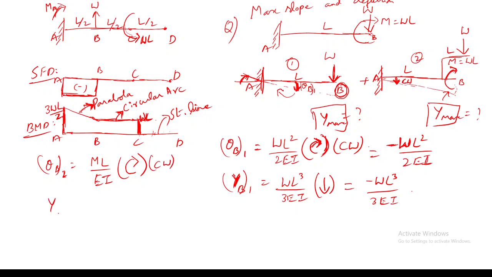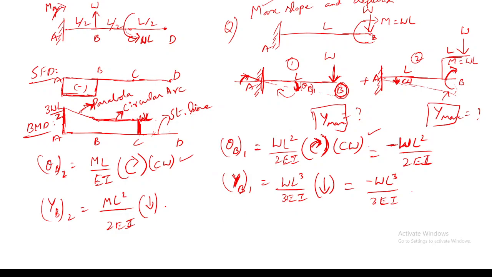And what will be the value of YB2? ML square by 2EI, and again this will be in the downward direction. When you add both these, since both are clockwise, you can simply add them. There is no need for a net slope. So you can directly add theta b1 plus theta b2 and find the maximum slope.